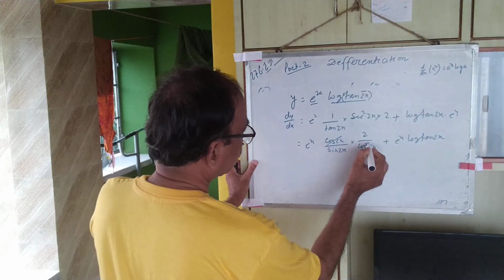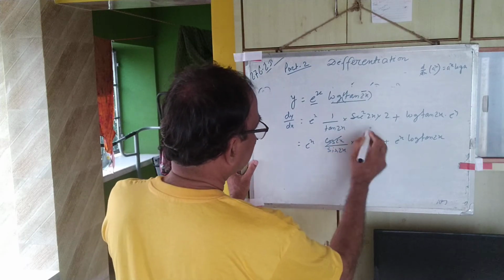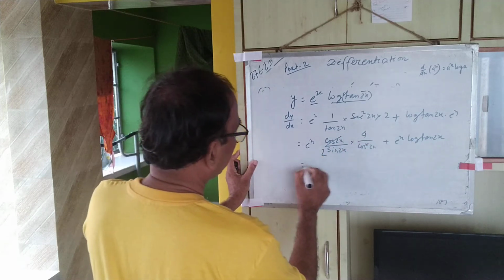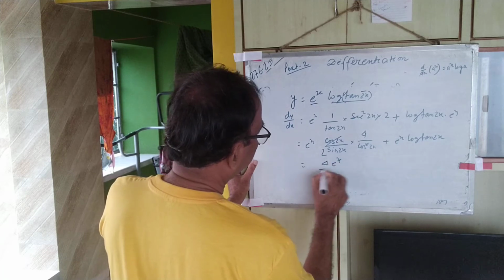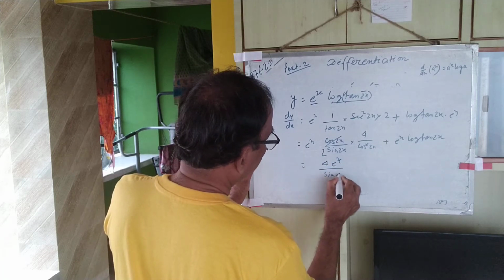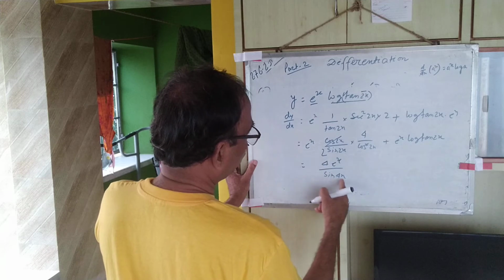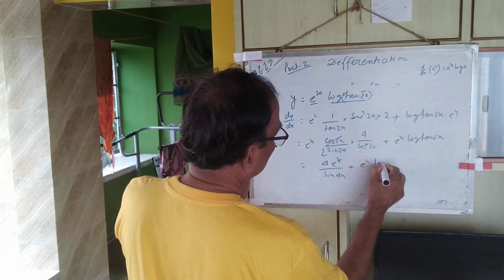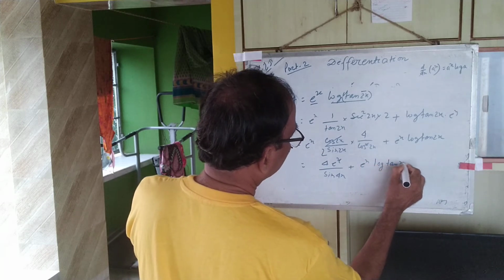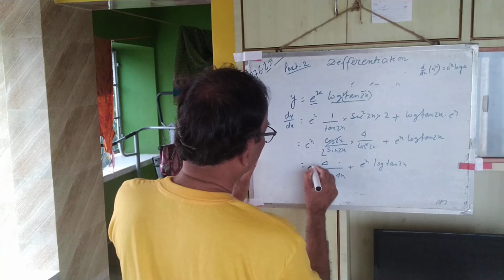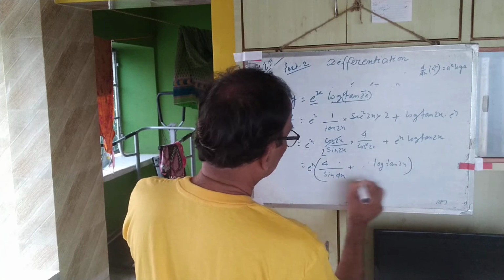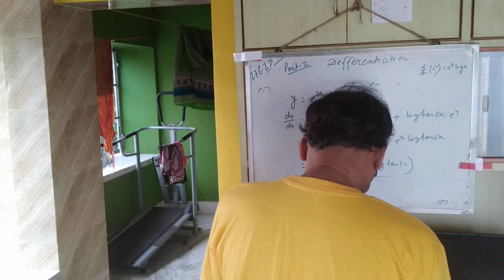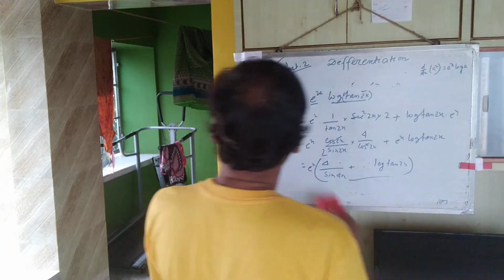Cos 2x and cos squared 2x cancel, and you can write 2 sin a cos a as sin 2a, so that is 4 e to the power x by sin 4x, plus e to the power x log(tan 2x). You can take e to the power x common. This is your simplified form. Next, sum number 5.